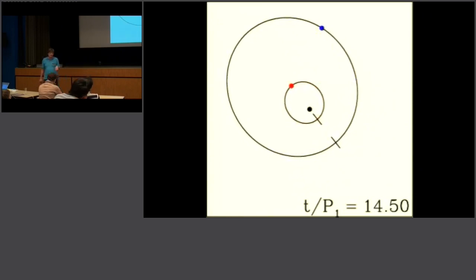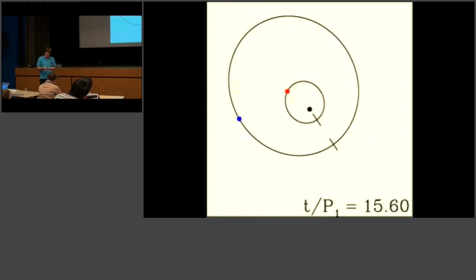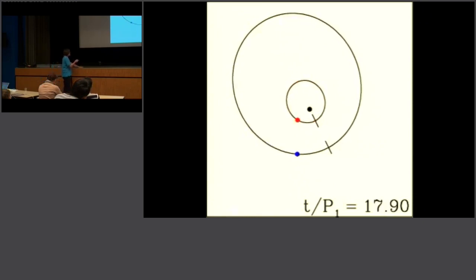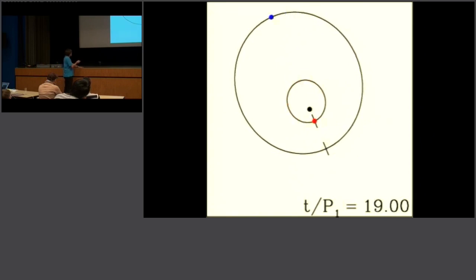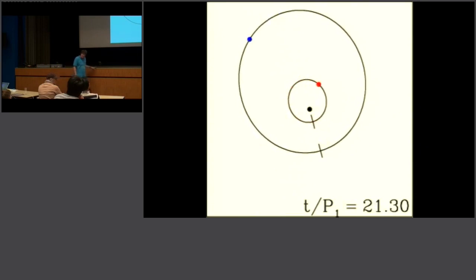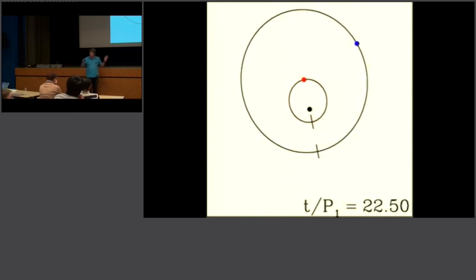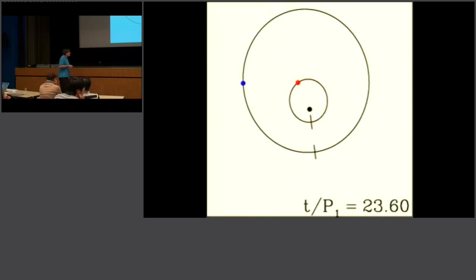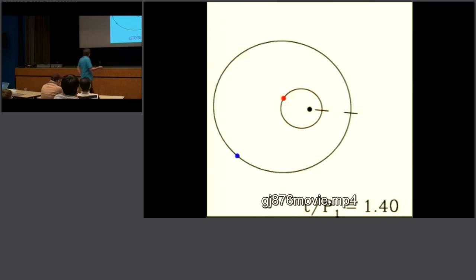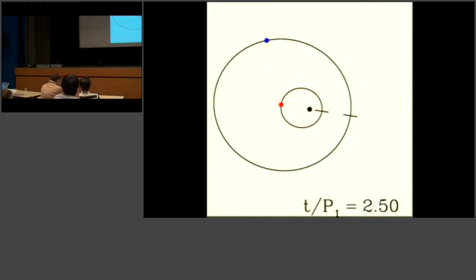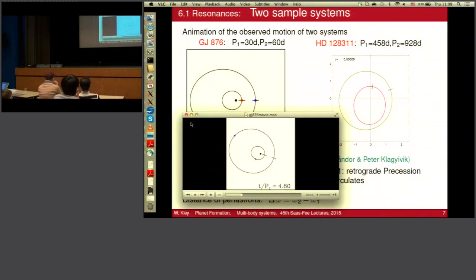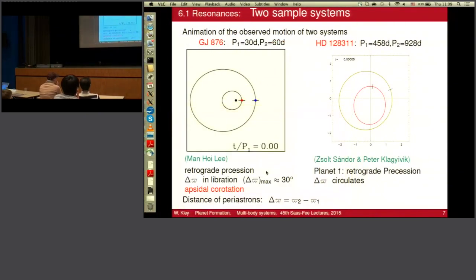It's very nicely in this resonant configuration, and you can see also that these 2 apsidal lines are always aligned. This is what we call apsidal co-rotation. That's this movie by Man-Hoi Lee. He produced this.